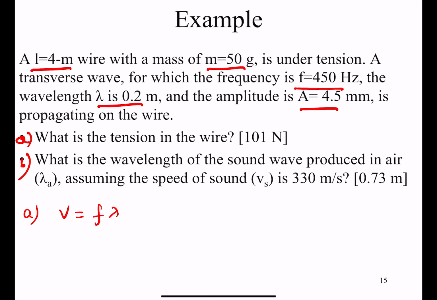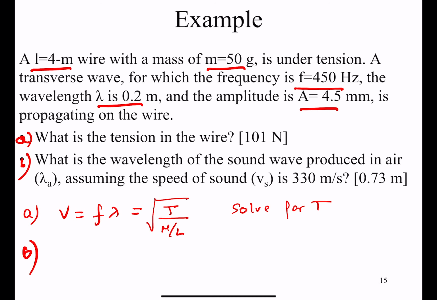And once we have the velocity, we can use our new formula for the velocity of waves in stretched strings to find the tension. So V equals the square root of T divided by mu, which is mass divided by length. And from here you can just solve for T. All right, and that takes care of the first part.